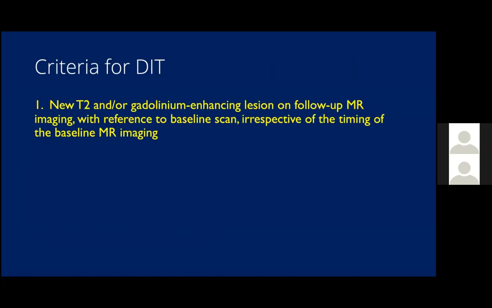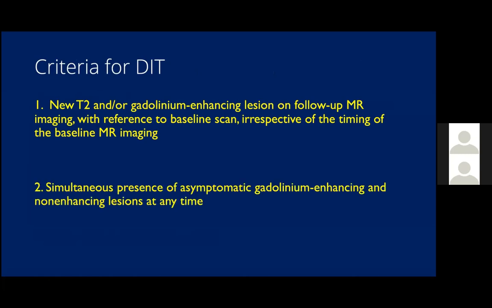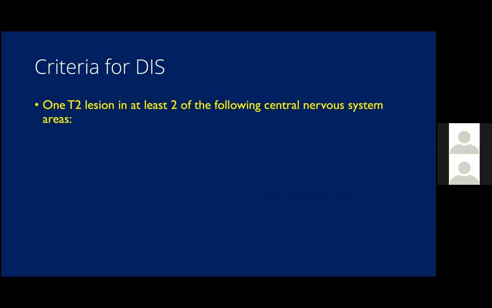For dissemination in time, there is a new T2 lesion or new gadolinium enhancing lesion on follow-up with reference to a baseline scan, irrespective of timing of the MR imaging, or simultaneous presence of gadolinium enhancing lesion and non-enhancing T2 lesion at any time. So it can be diagnosed on a single MRI in which a gadolinium enhancing lesion is present as well as T2 lesions, as long as the dissemination in space criteria is fulfilled.